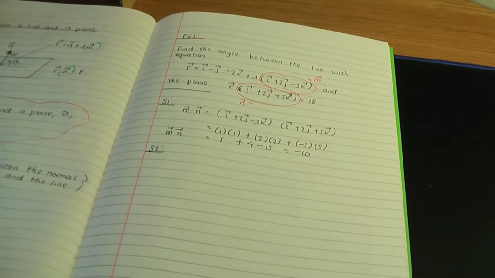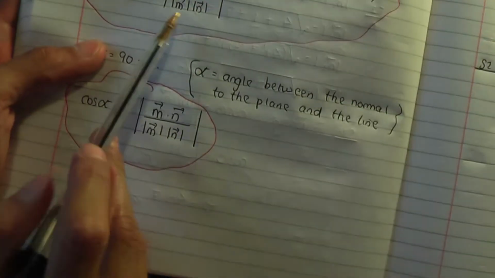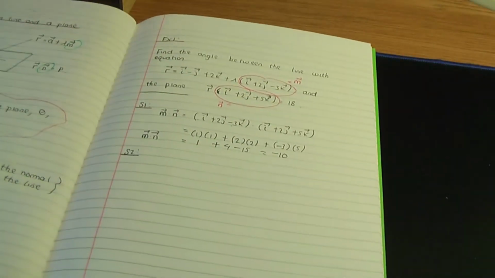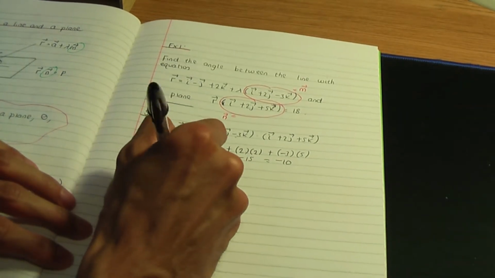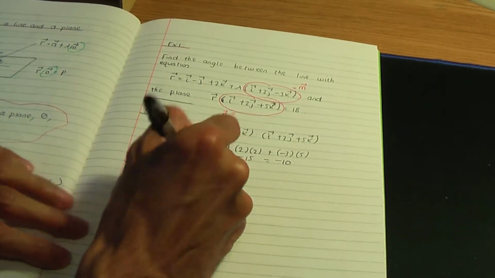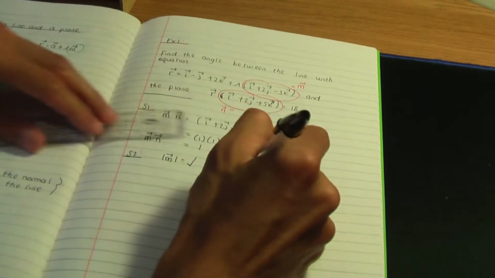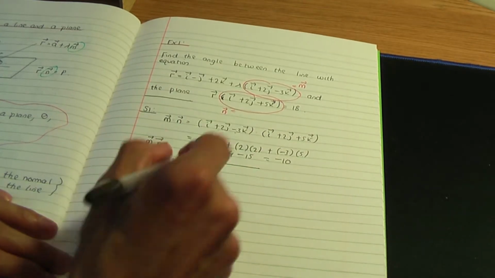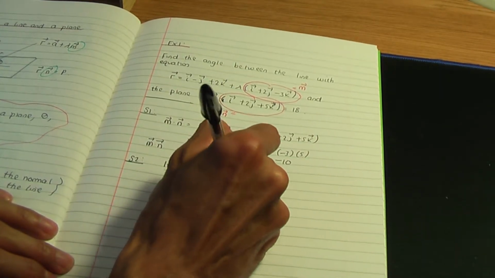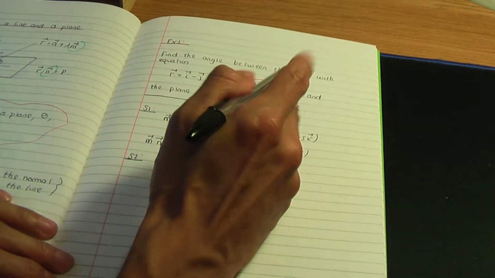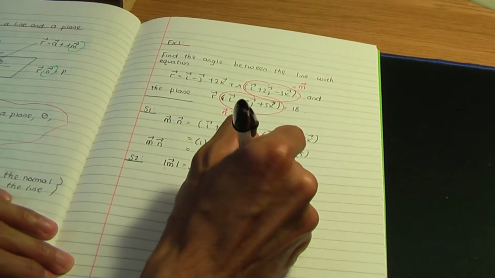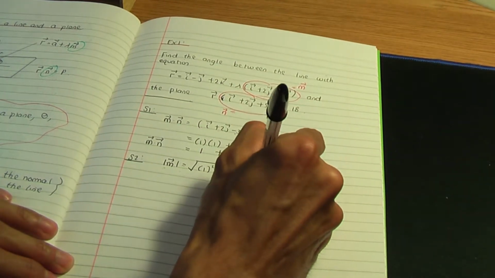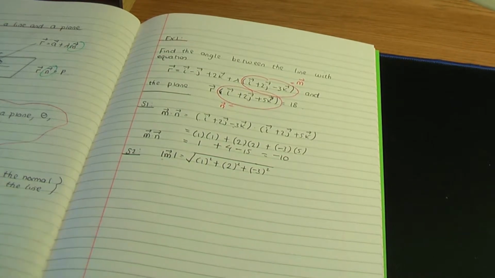Now step number 2. Looking at the formula, we need the modulus of m and the modulus of n. So let's crack on. The modulus of m is going to be the square root of, looking at m, coefficient of i is 1, so 1 squared, plus coefficient of j is 2, so 2 squared, plus coefficient of k minus 3 squared.